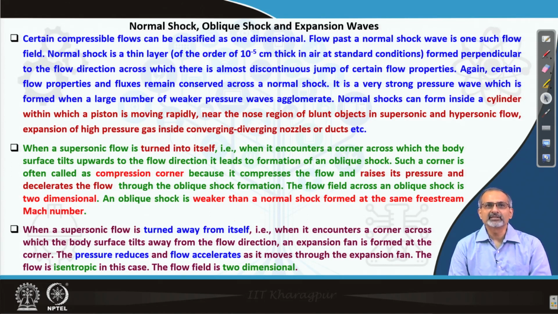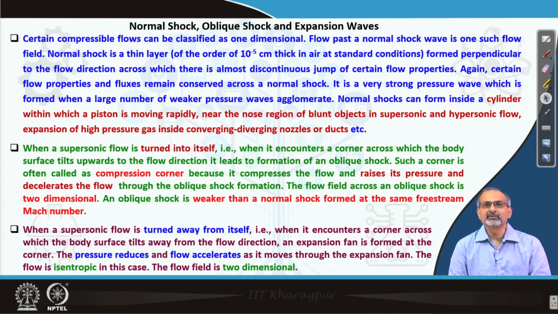Interestingly, some of the flux values remain conserved across normal shocks, especially when we derive the conservation equations of mass, momentum and energy. We see that the fluxes are nicely conserved across such a discontinuity, and normal shocks can form inside a cylinder within which a piston is moving rapidly.